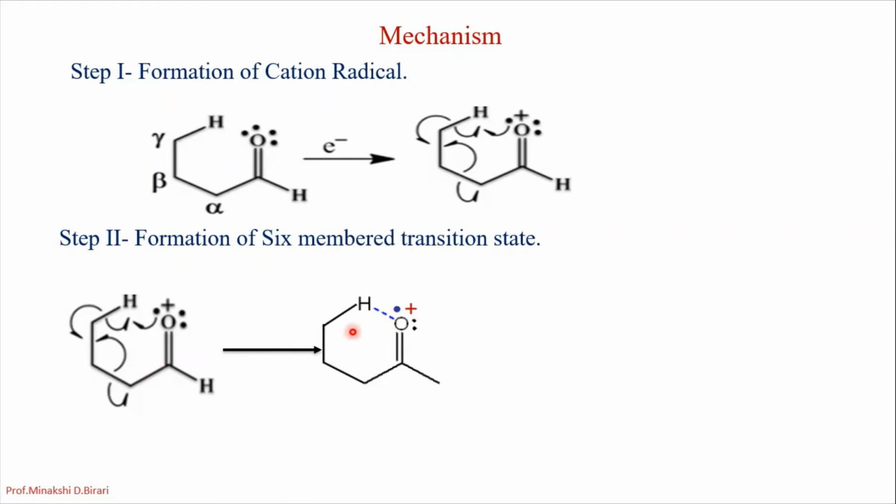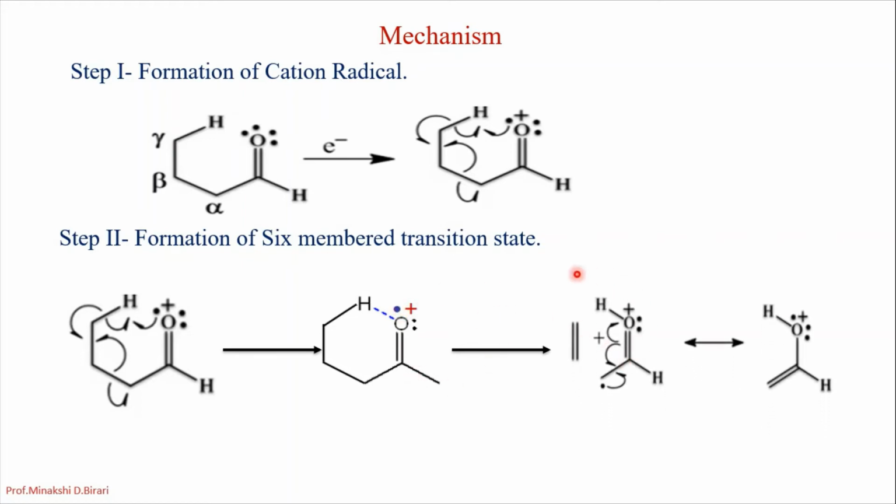Here, the six-member transition state is formed. Next, a fragment forms with elimination of an alkene, ethylene, and formation of this enol radical cation.